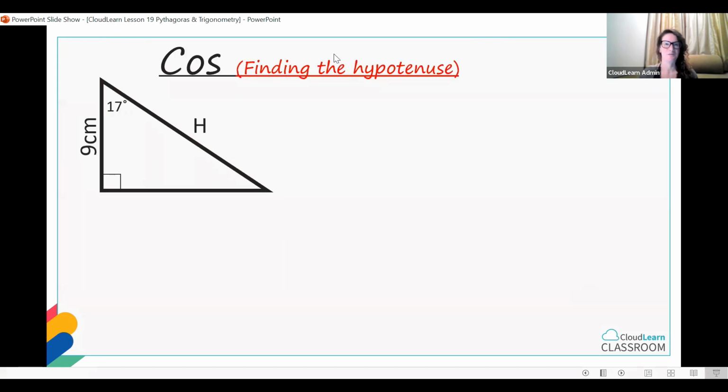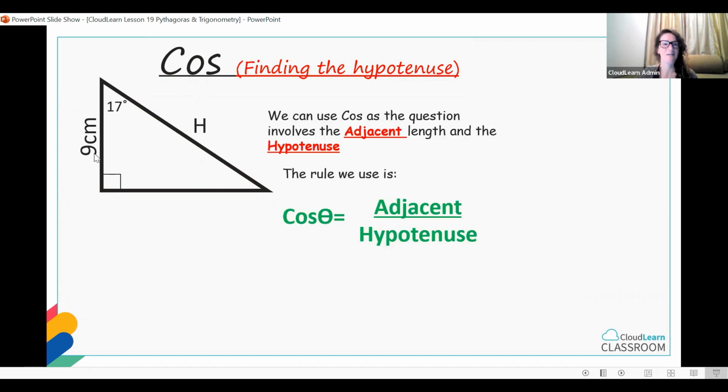Moving on then to finding the hypotenuse using a cosine problem. So if we've got an angle, this time the angle's up here and it's 17. We can see that the adjacent is this one here, it's 9, and the hypotenuse is the unknown this time. So we can plug that into the ratio there.